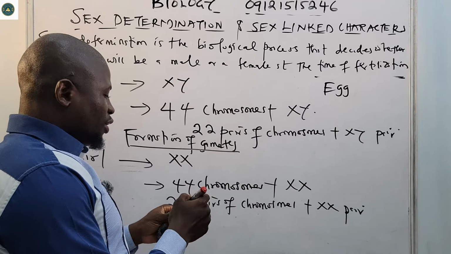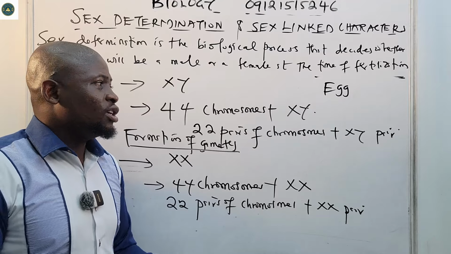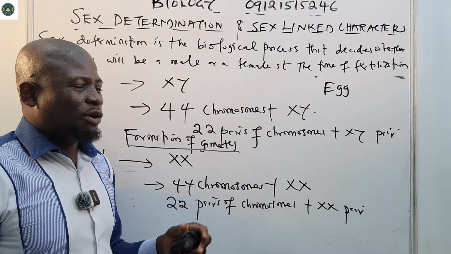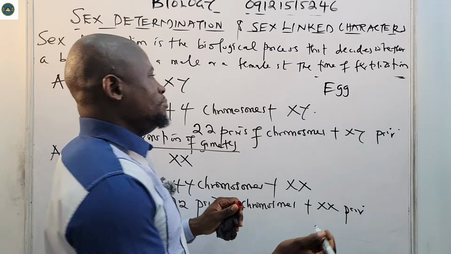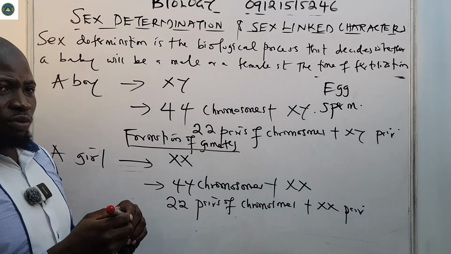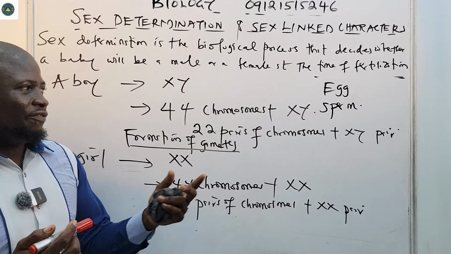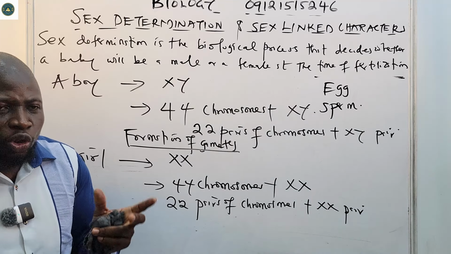Either the left ovary or the right ovary will release an egg each month. So the female or the girl will produce an egg, while the male will produce sperm. So this is what happens during gamete formation. The male produces sperm, the female produces egg.